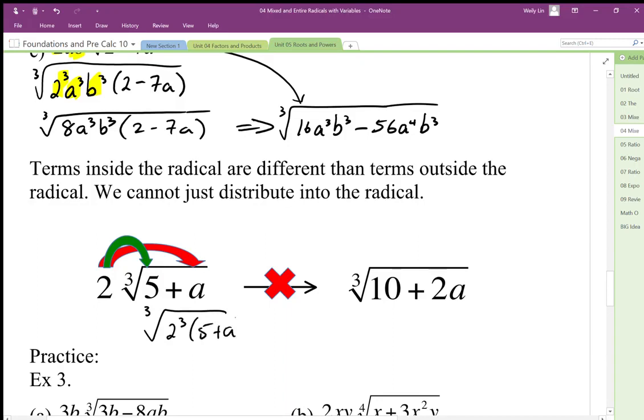Once we have connected the multiplication part inside the cube root, we can now apply the distribution here. Okay, so the outside 2 must be inside 2 cubed. Now that becomes, we can do this. We can then do 8 times 5 is 40. 8 times a is plus 8a.